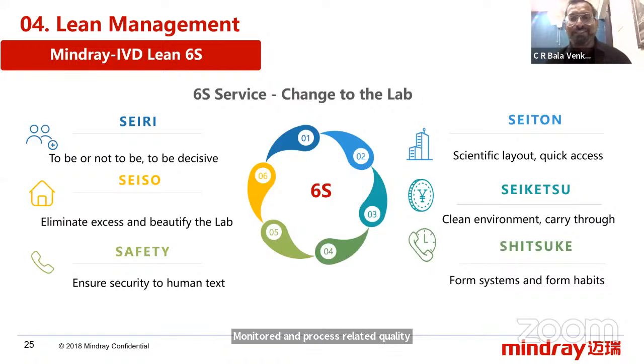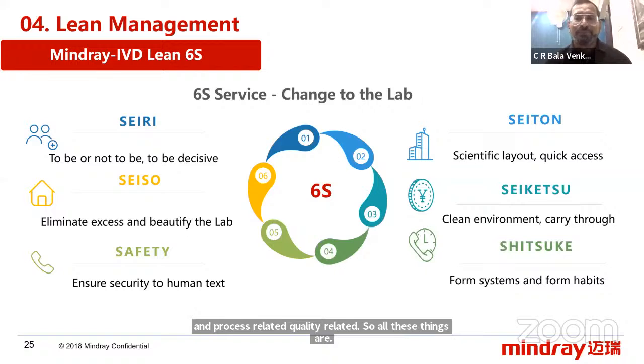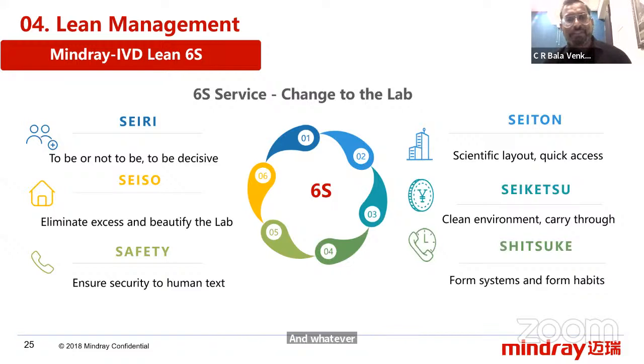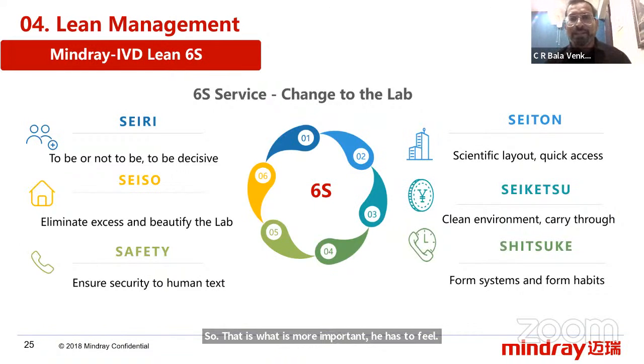All these things are maintained to ensure that we are delivering good results for the patient, and whatever the patient feels when they enter the lab is more important. He has to feel peace of mind when he comes into the lab. That kind of customer support is what we are trying to achieve by giving this value addition to our customers.